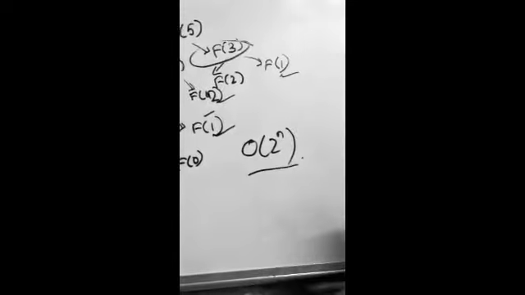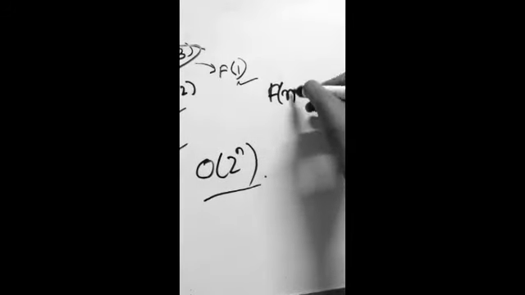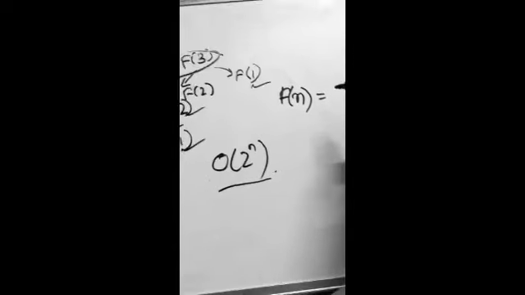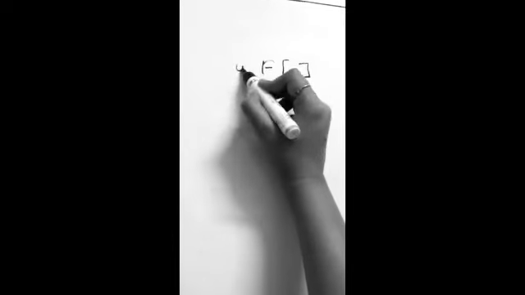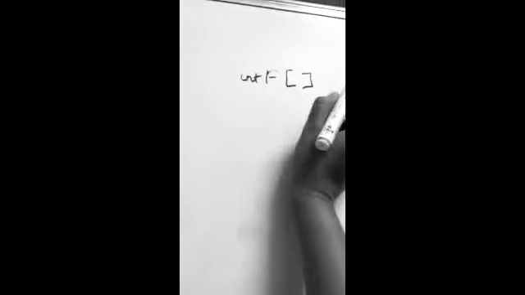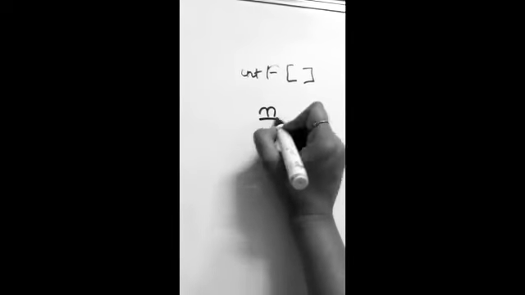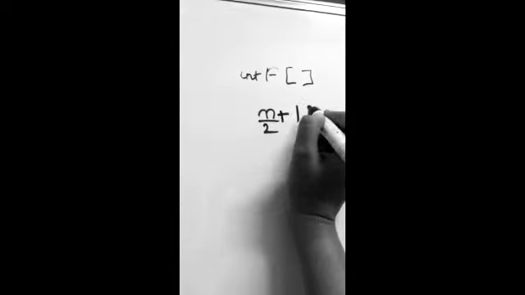Now the simplest way to do this is to use an array, let us say f[n], and store the elements in it, and let us find out how. First of all I'm going to declare an array, let us say f, and its limit. If we have to find the Fibonacci series for n elements, we are going to set the limit for it as n by 2 plus 1 elements.